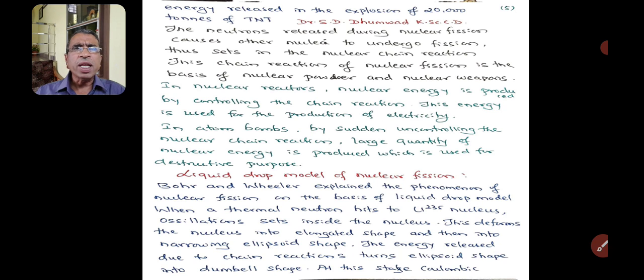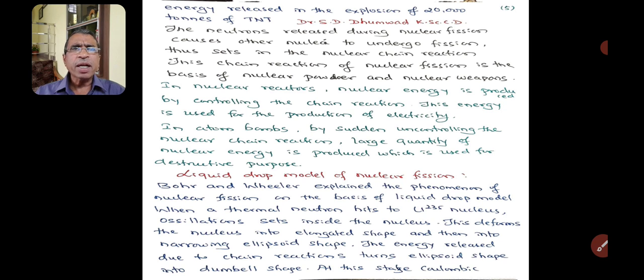The neutrons released during nuclear fission cause other nuclei to undergo fission, thus setting in the nuclear chain reaction. This chain reaction of nuclear fission is the basis of nuclear power and nuclear weapons.